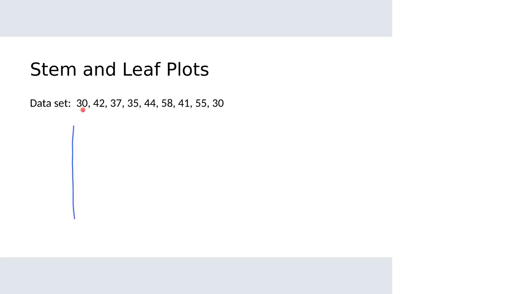Here I have 30s, 40s, 50s, and that's it. So I'm going to put 3, 4, and 5 over here in my stem. Those are the tens digits of the numbers in my data set. Then I'm going to write down the ones digits over here where the leaves go.